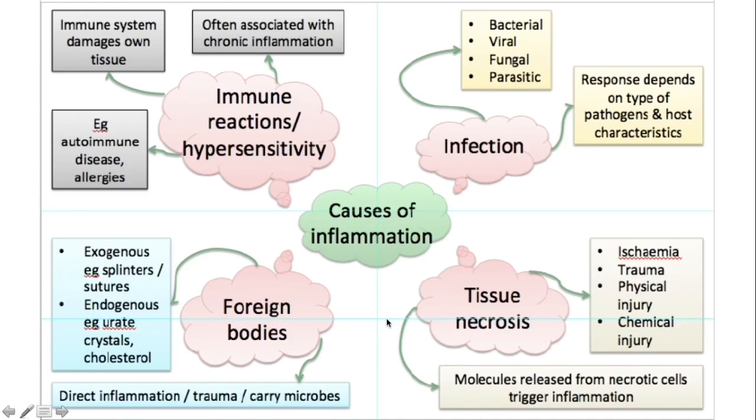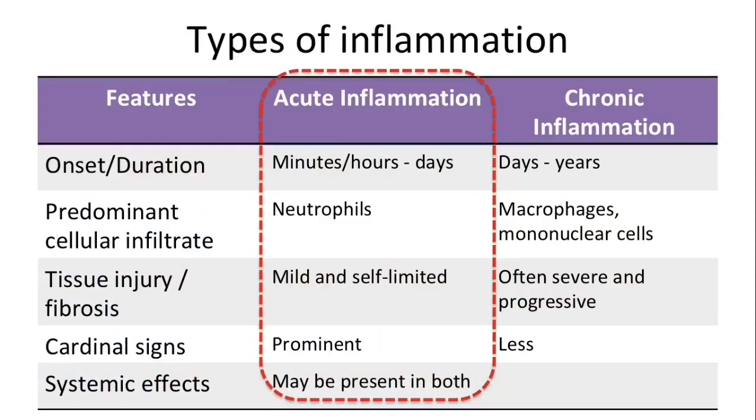Depending on the cause of inflammation, the reaction may be in the form of an acute inflammatory process or a chronic inflammatory process. There are several features that differentiate between the two, such as the onset or the duration, the predominant cellular infiltrate, the tissue injury or fibrosis that occurs, the presence of cardinal signs, and the systemic effects of inflammation.